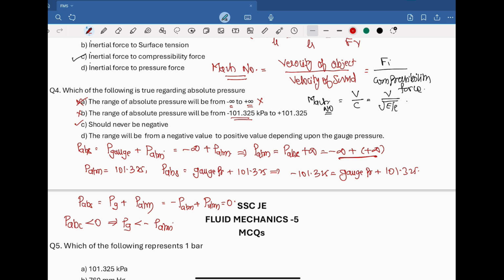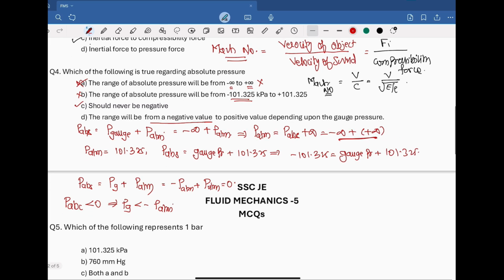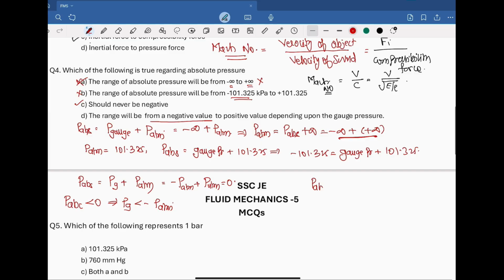The range will be from a negative value to a positive value depending upon the gauge pressure. Absolute pressure can never be negative. P absolute can never be less than 0.